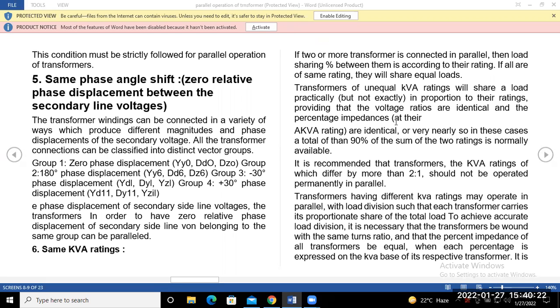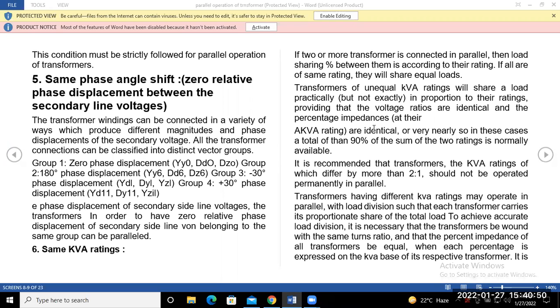The transformers of unequal kVA rating will share a load practically, but not in proportion to their rating, provided that the voltage ratios are identical and the percentage impedances at their kVA are identical or very nearly. So the kVA ratings of these two transformers are nearly the same.